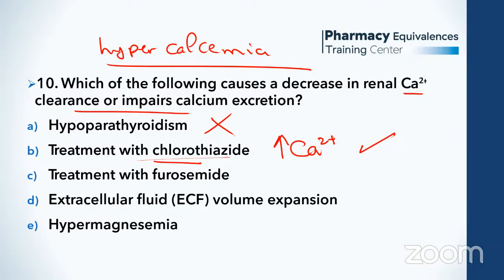Treatment with furosemide: furosemide will decrease calcium level, so this is a wrong answer. Extracellular fluid volume expansion: there is no relation. And hypermagnesemia also will not increase calcium level. So the right answer here for this question is number B.